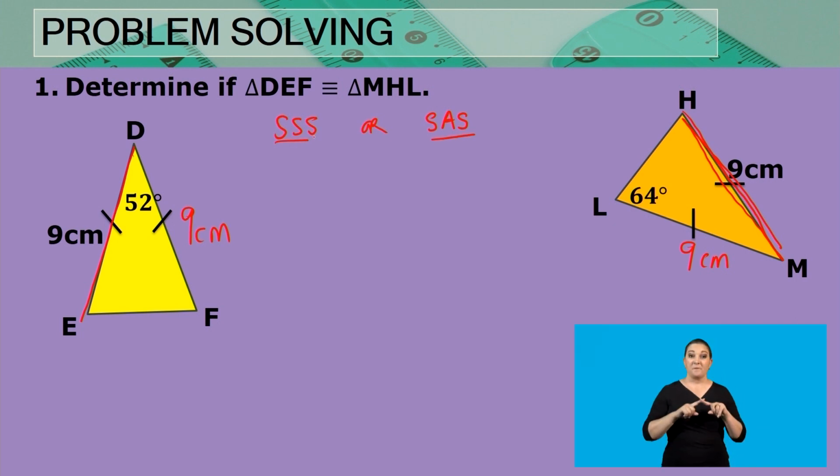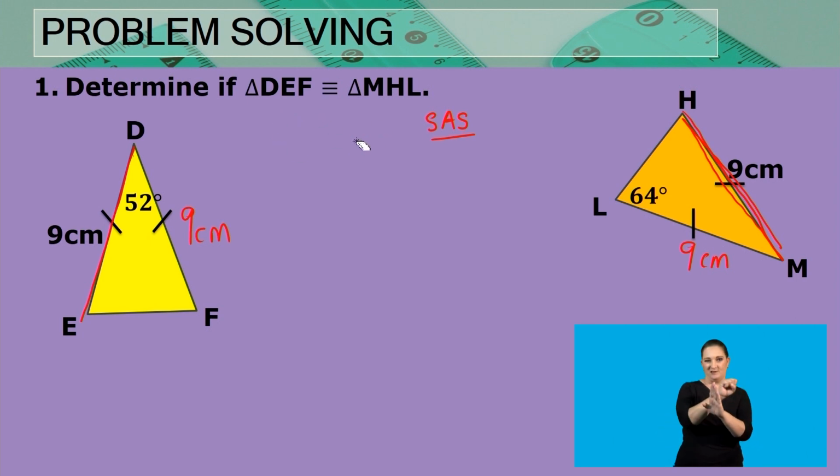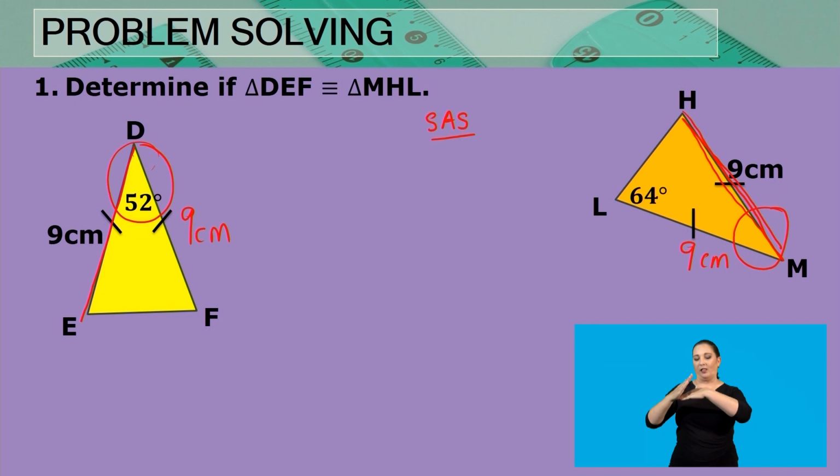Now, because we don't have the third side there and we can't calculate it, if it were a right angle triangle, we would be able to calculate it. So that means we are not going to use this condition of congruency. So we are looking at the two sides with the included angle. Now, in triangle DEF, the included angle is 52 degrees. In this triangle MHL, we do not know the value of the included angle, but we can calculate it.